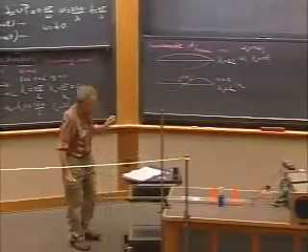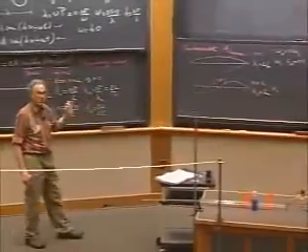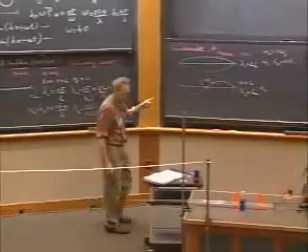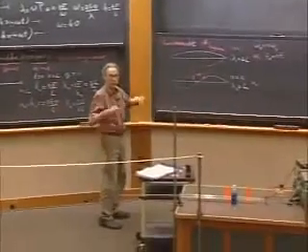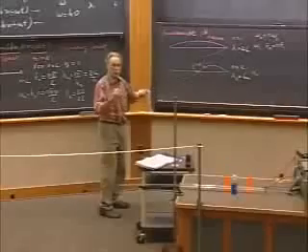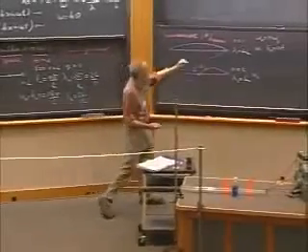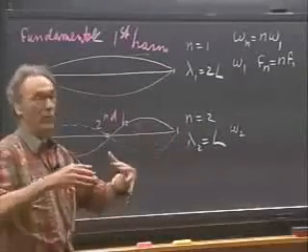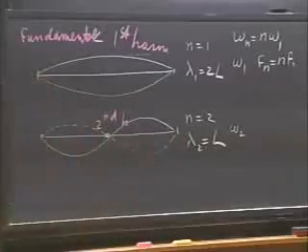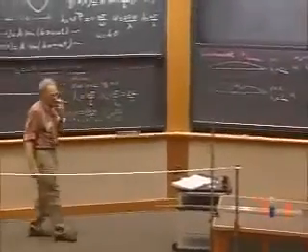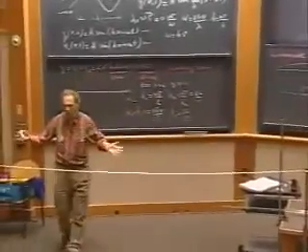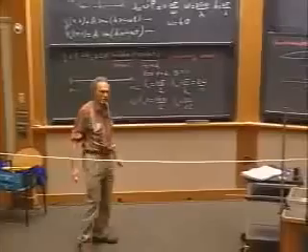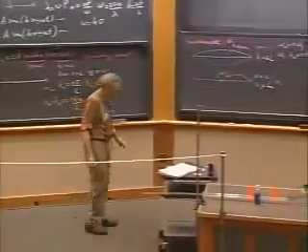And if I drive these at these discrete frequencies, which are set by the boundary conditions, then the system will react very strongly, will go into resonance. You build up a huge amplitude because you keep feeding in waves and they keep coming back, so the whole thing starts building up. And that is the idea of resonance, and resonance and normal modes are one and the same. So that's the normal mode of these strings, fixed at both ends.